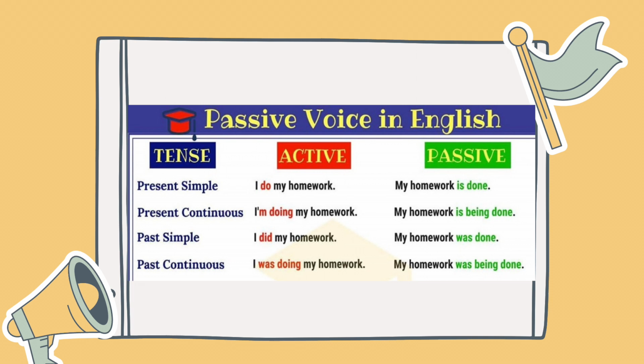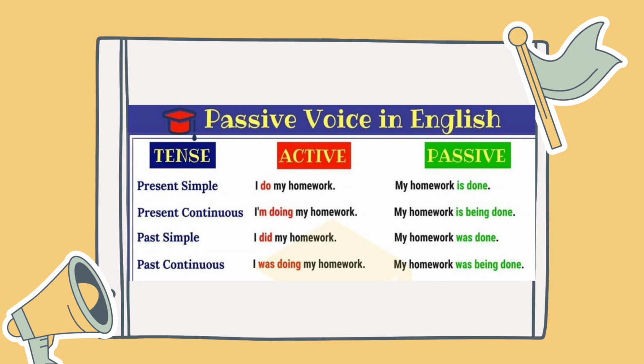The active voice is: I do my homework. But when you change to the passive, it will become: my homework is done. Can you see that? The verb is changing, but the verb to be remains as is because this is present simple.